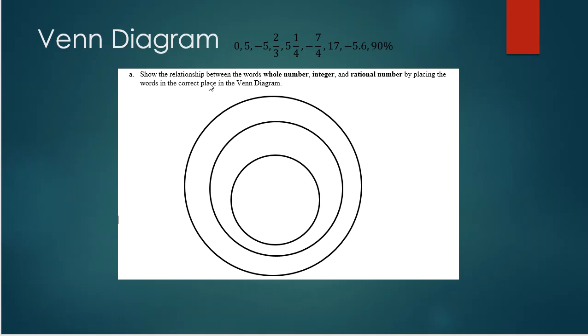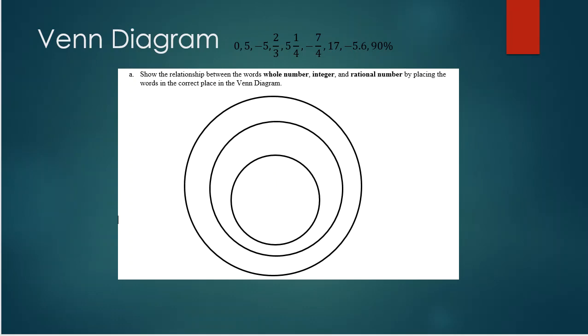Okay, so the assignment was the Venn diagram assignment, and on part A of this assignment you are supposed to show the relationship between the words whole number, integer, and rational number.